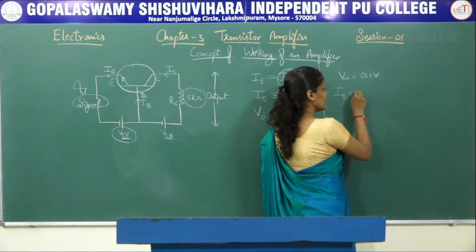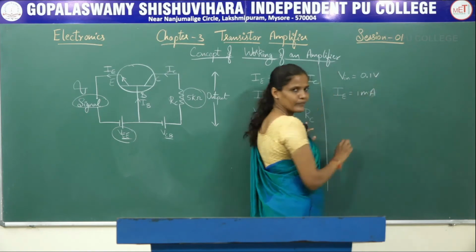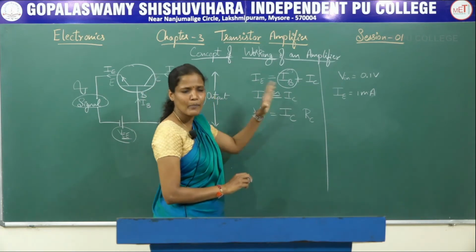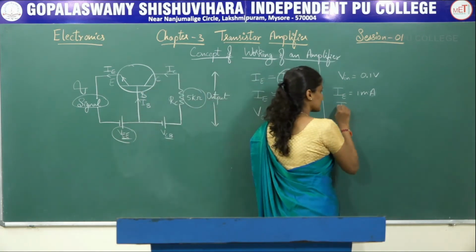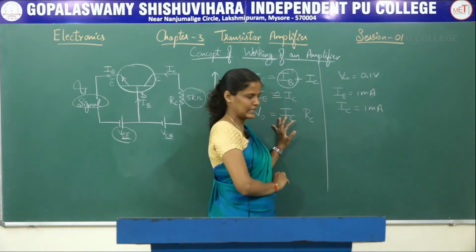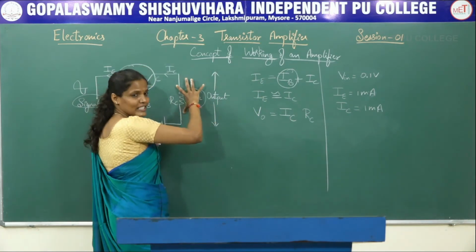Let me consider that it is around 1 milliamp. Since IE and IC values are approximately the same, let us consider that the IC value is also equal to 1 milliamp. Clear? Now, I want to measure the output voltage across this resistor.